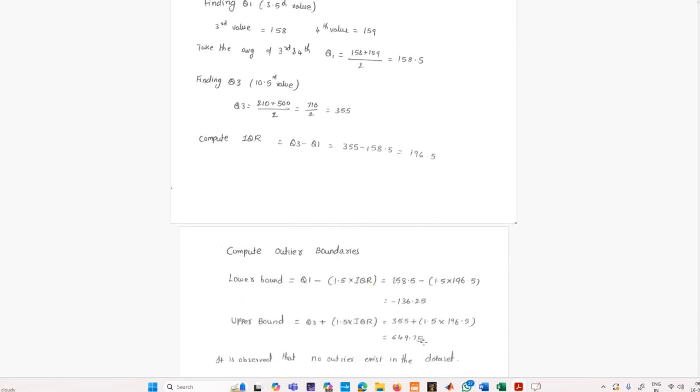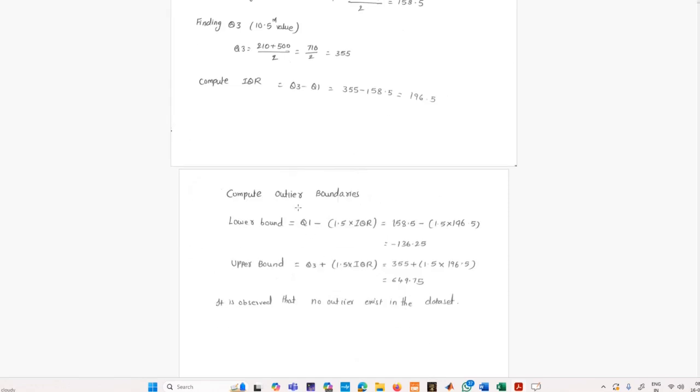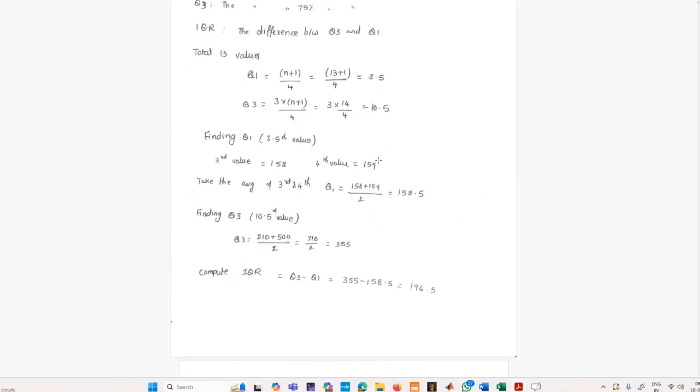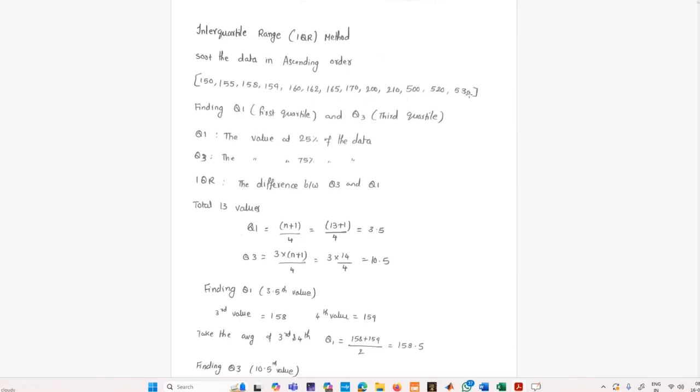Okay. Now compute the outlier boundaries. The lower boundary is Q1 minus 1.5 into IQR, and the upper bound is Q3 plus 1.5 into IQR. So this appears as 649.75. Upper bound is 649, but the actual maximum data is only 530.